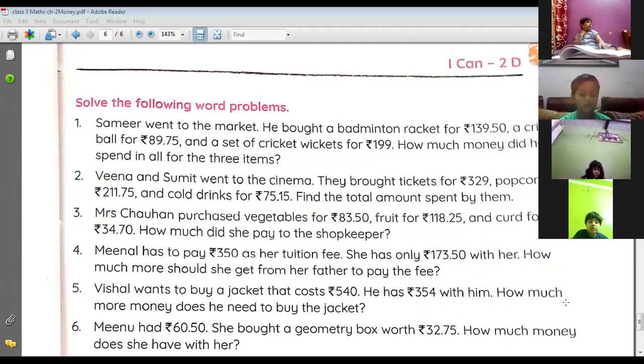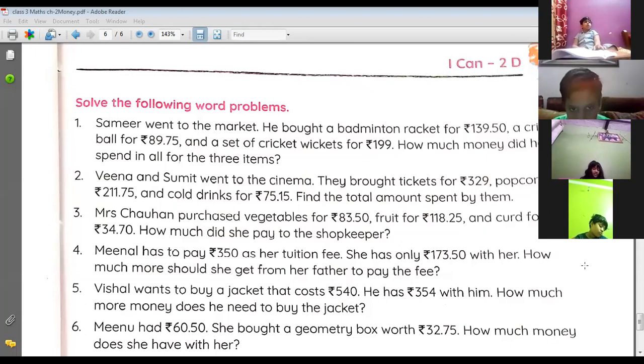Popcorn for 211.75 paisa, and cold drink for rupees 75.15 paisa.